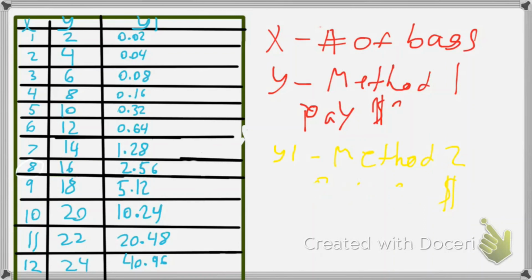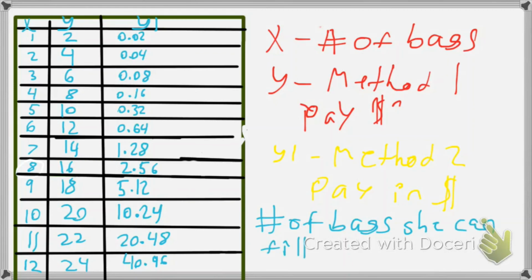One variable in play is the number of bags that she can fill, and how many bags will she be able to fill until she gets tired, until she quits.